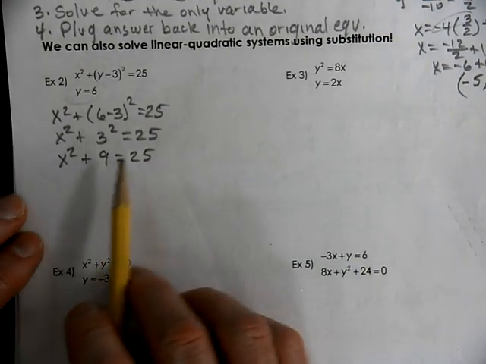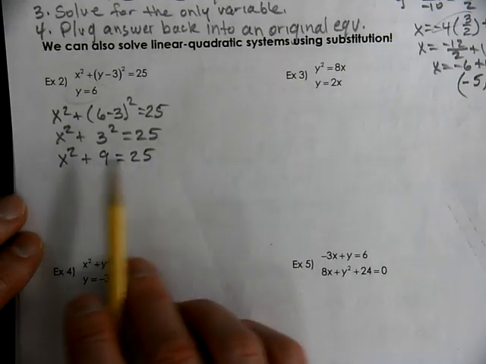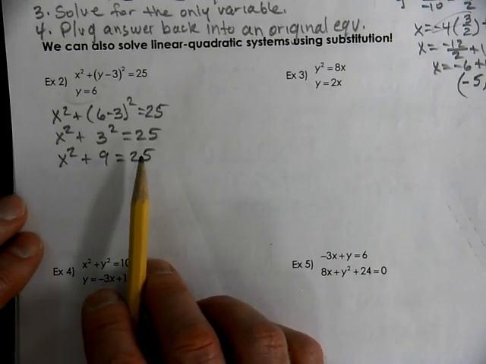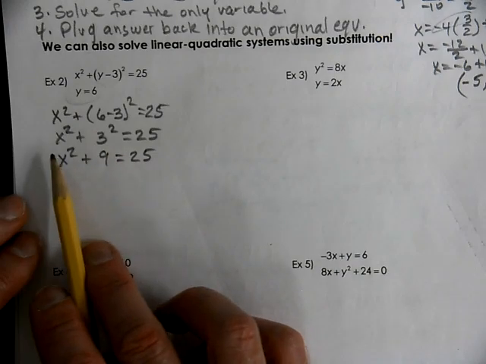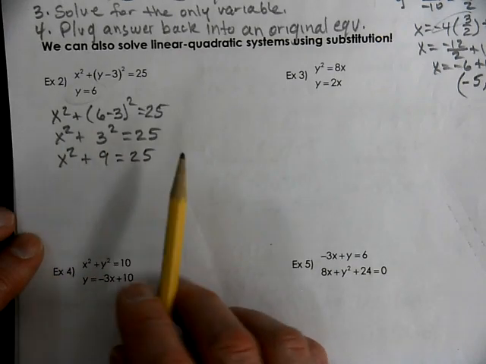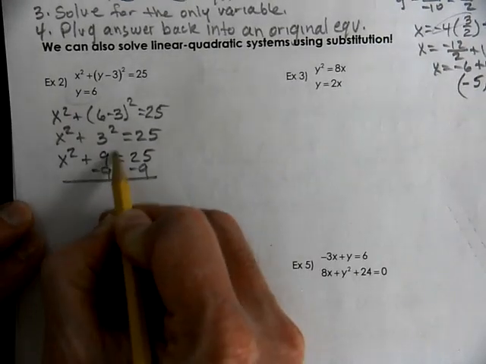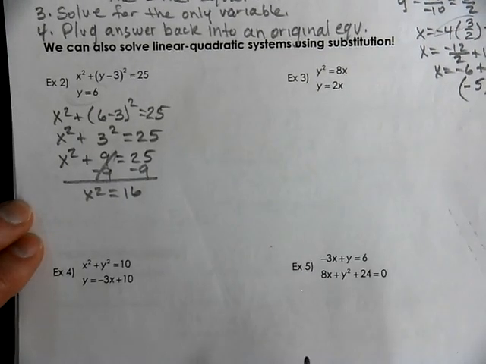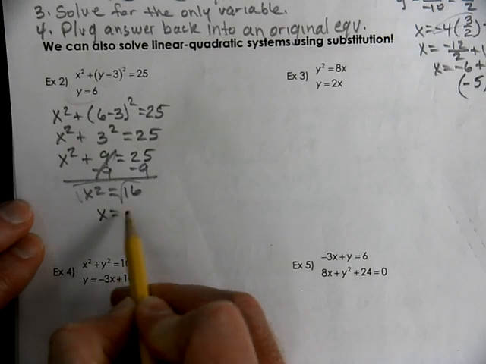Now, some people make a mistake here. They think they can take the square root because everything's square rootable. You cannot take the square root of this. Because of the plus, you can't take the square root of that. We've discussed that before. You've got to move your like terms together. Now we can take the square root of both sides.